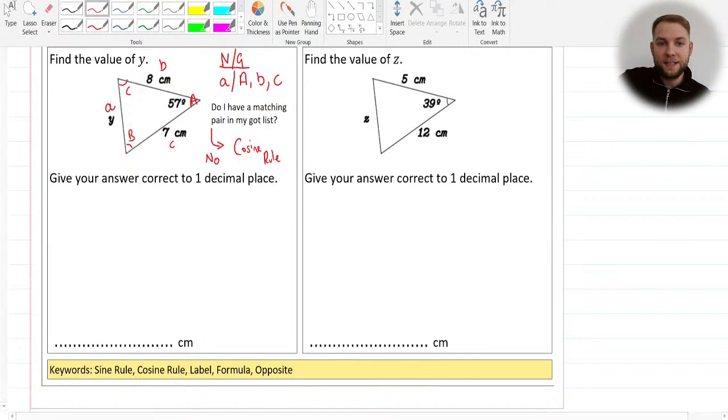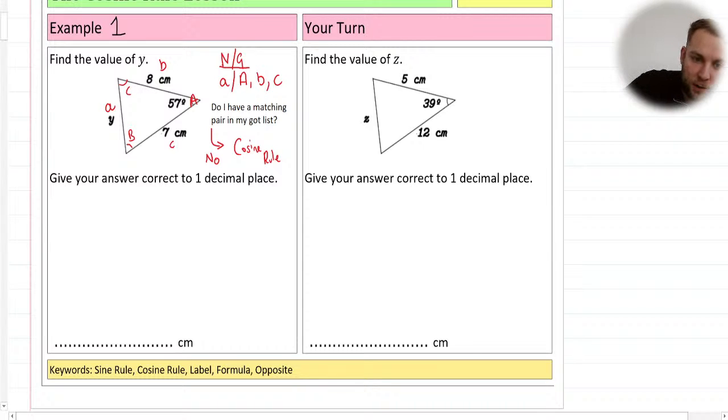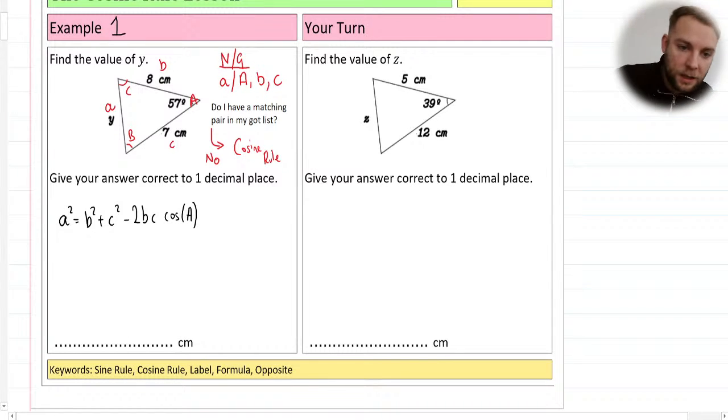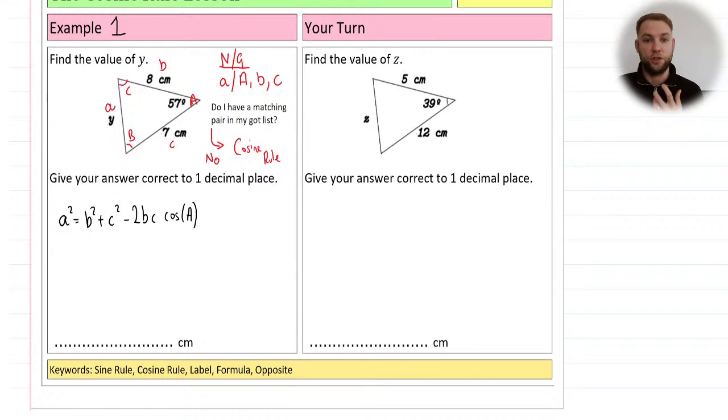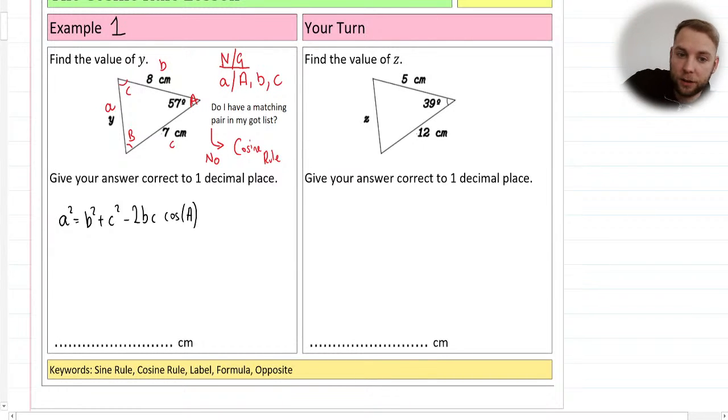Now I'm trying to find the side, so I write down the formula for the side, which is a squared is equal to b squared plus c squared minus 2bc cos of A. Now if you remember, I said whenever we're substituting, what makes things easier is using mini brackets. So that's what I'm going to do.